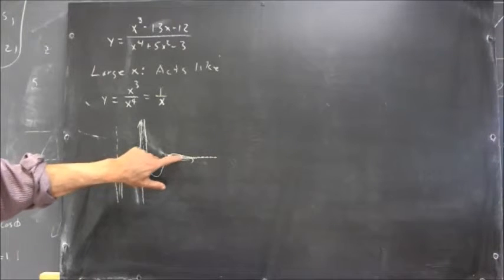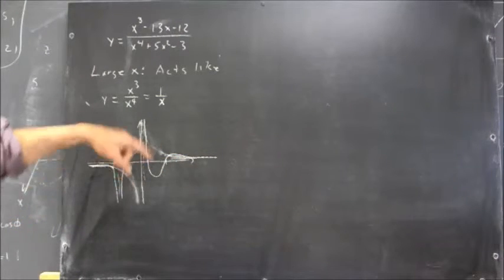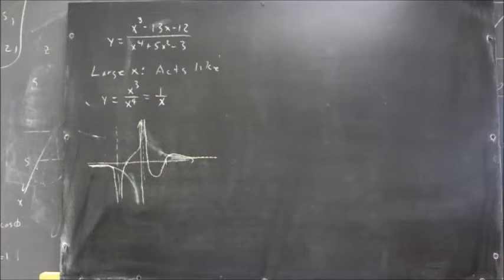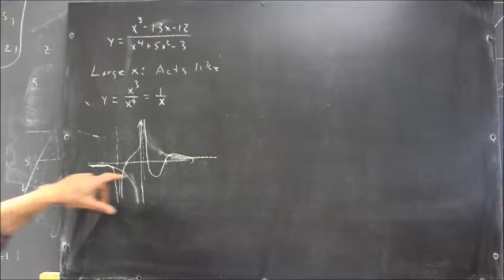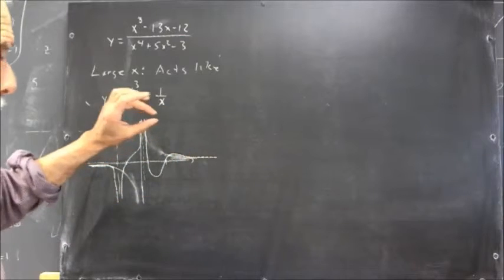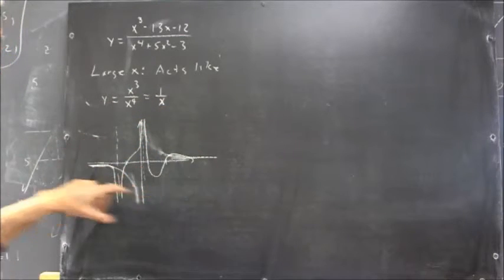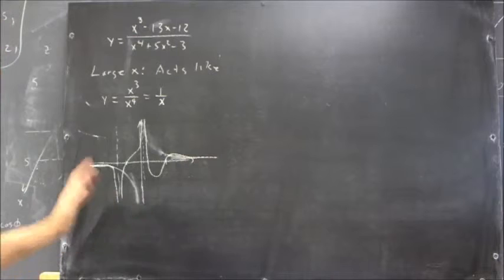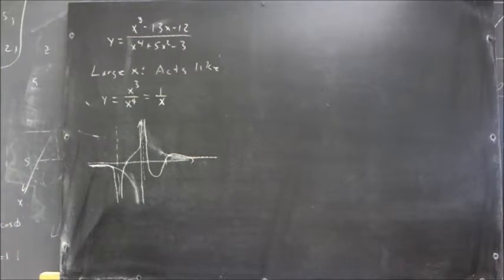Okay, so we can erase this much of the 1 over x graph, but this graph will join up with the 1 over x graph, and that won't actually join up with it. It'll become really, really close to the 1 over x graph after we get about here and over on this side of the axis.